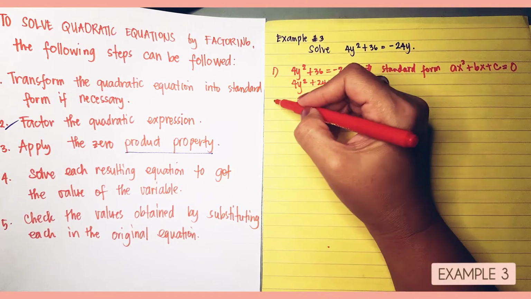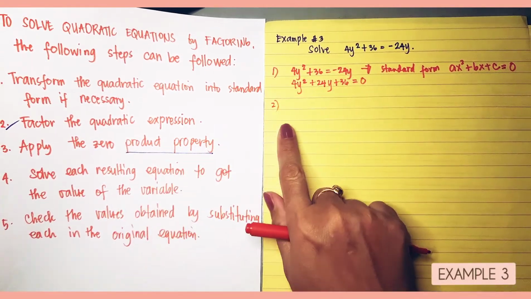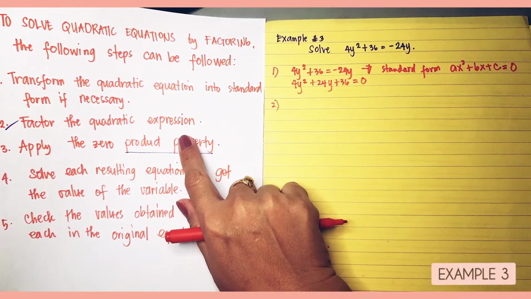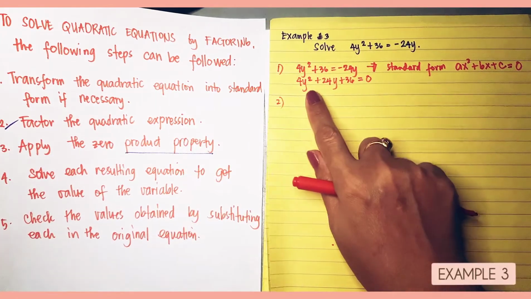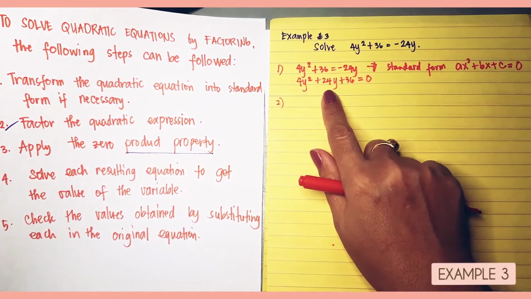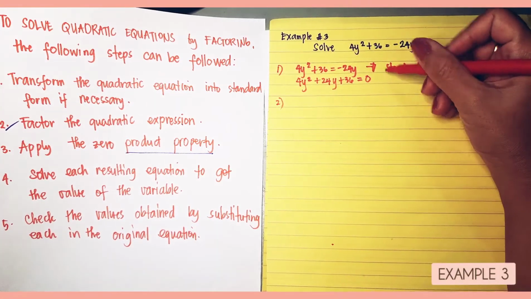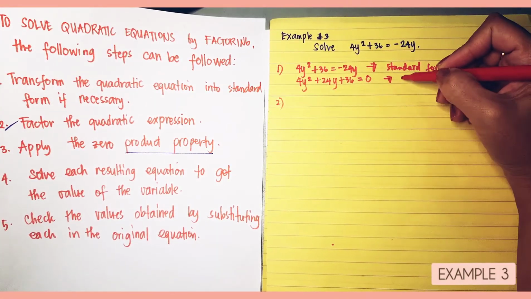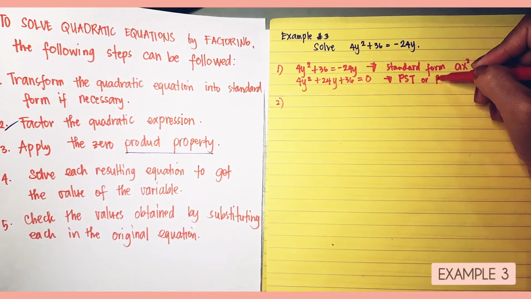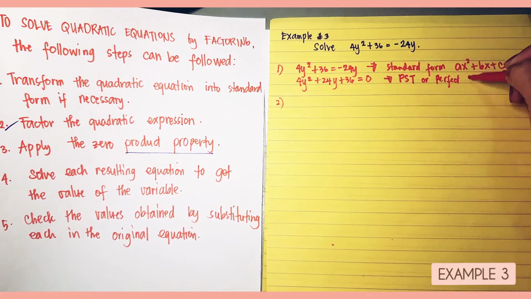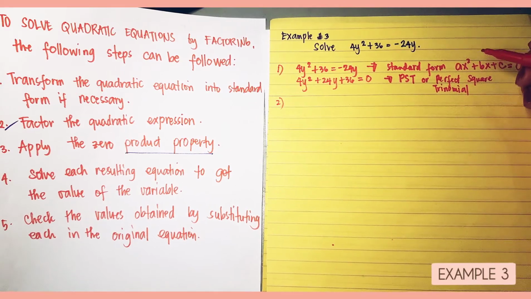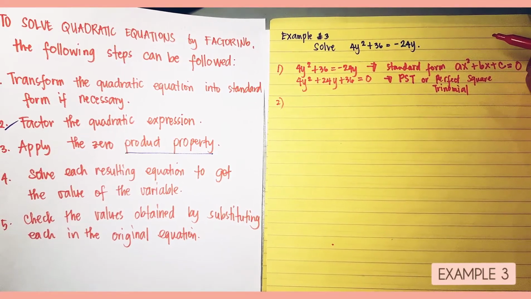Step number 2, factor the quadratic expression. Now this 4y squared plus 24y plus 36 equals 0 is an example of a PST, or a perfect square trinomial. Now, what is a perfect square trinomial?